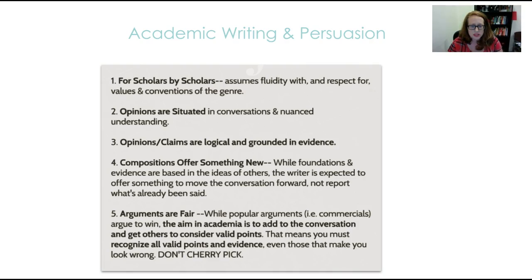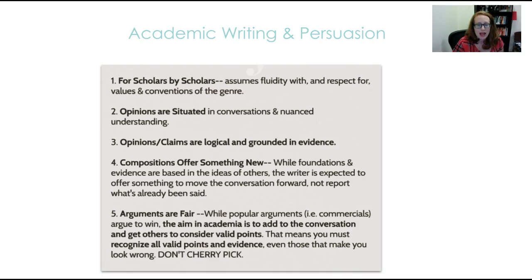It is to present your interpretation of the research that you've done, your interpretation of the data, so that someone can write back. It is about the slow-moving conversation, the back and forth, and the give and take, not arguing to win at all costs. So that is one distinction, that you can write an argument that is an unbiased argument.